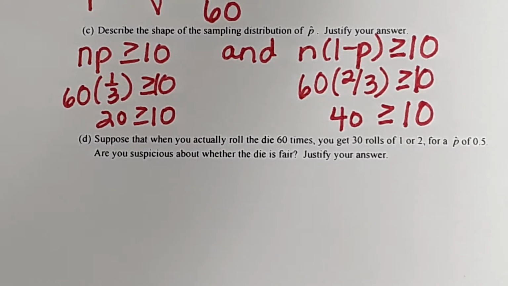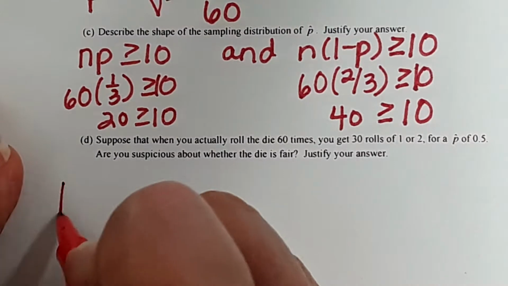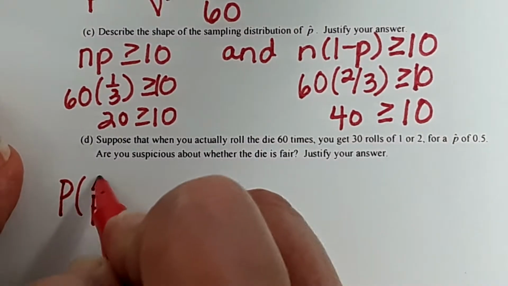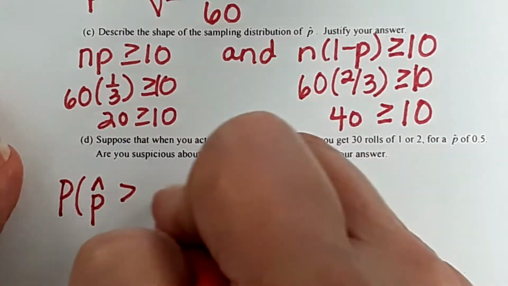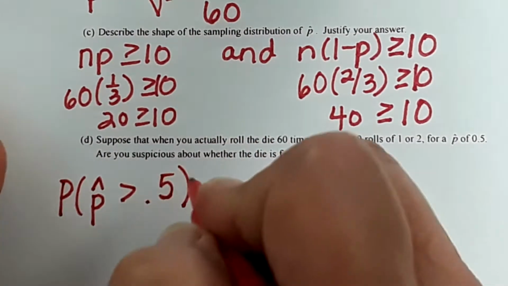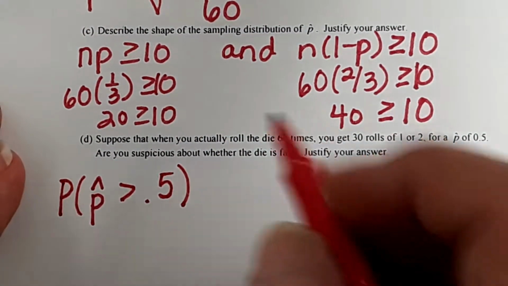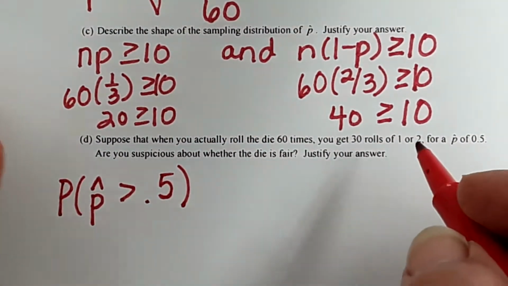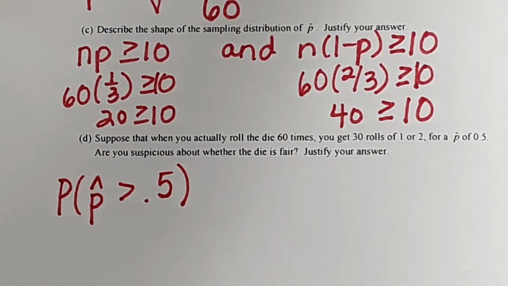So now what we have to do is find the z-score. We're trying to find the probability that p hat is greater than 0.5. So how do we do that? The first thing you probably should do is draw a picture. I'm not going to draw a picture right now, but you should have one.